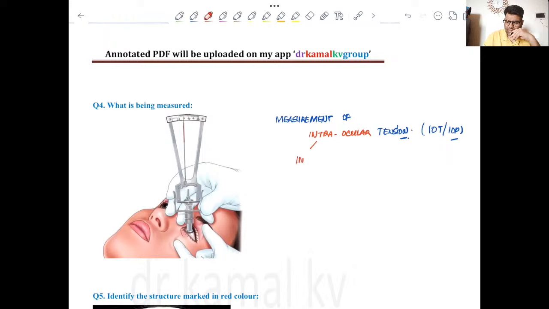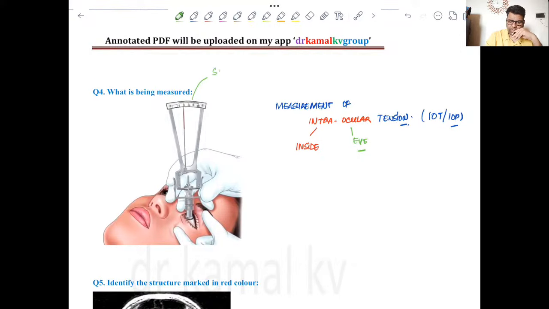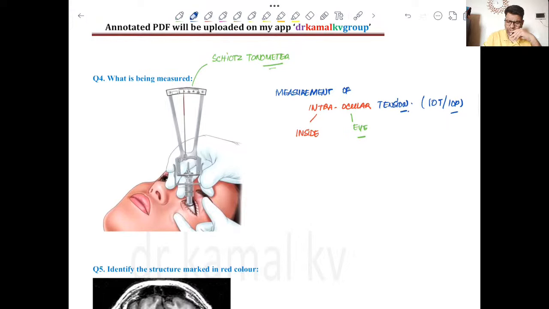Intra means inside, ocular is of course eye. So we want to measure the pressure within the eye, and this instrument is actually Schiotz tonometer. Previously it was used in wards and all, but nowadays we don't use it, right?